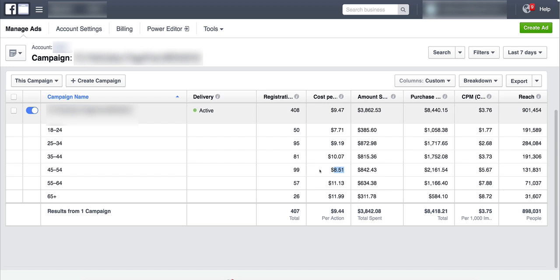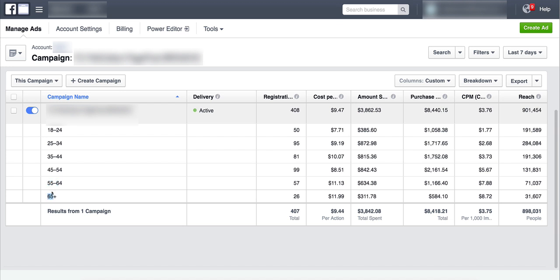But anyways, let's imagine that you are looking at a campaign that had a negative ROI or a break-even ROI. You might come in here and say, okay, well, our 18 to 24-year-olds are killing it, and our 25 to 34-year-olds are killing it, and our 45 to 54-year-olds are killing it. So let's eliminate this age group, and this.